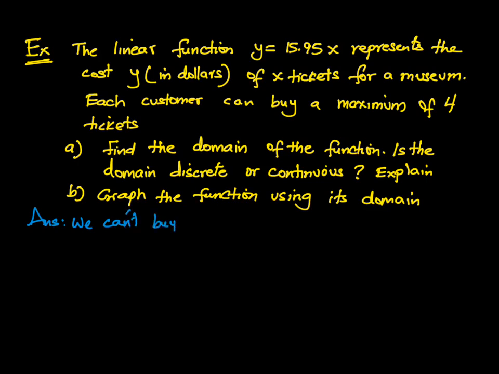So now we have to think a little bit that we have to buy tickets. We cannot buy partial tickets. It has to be 1 ticket, 2 tickets, 3 tickets, 4 tickets. You can't have 1.5 tickets because it's not complete tickets.